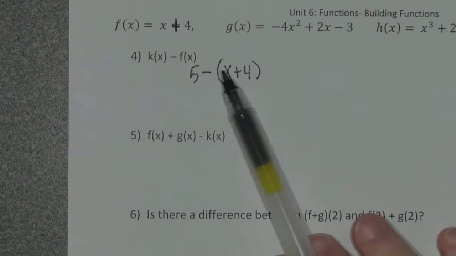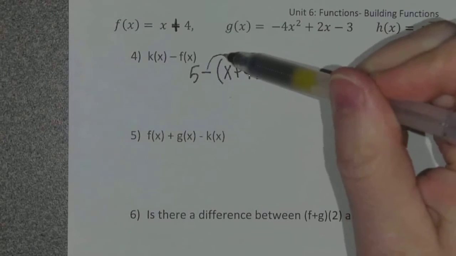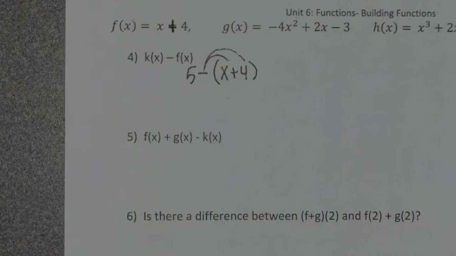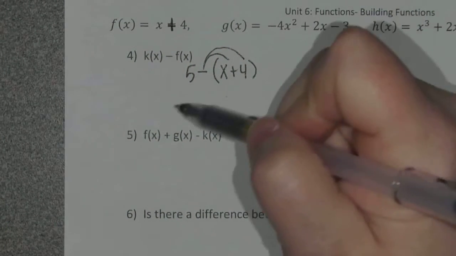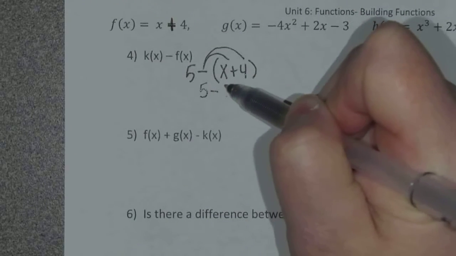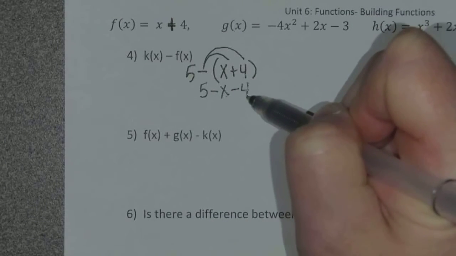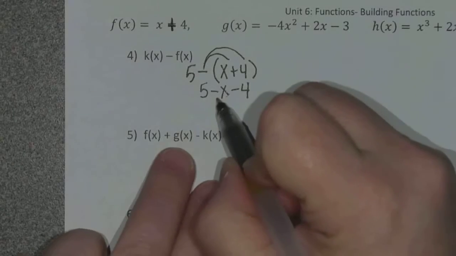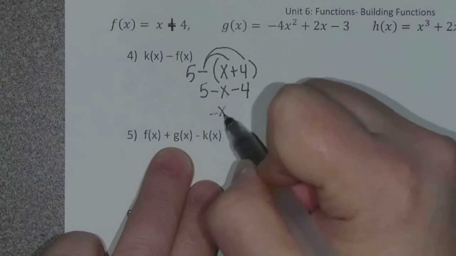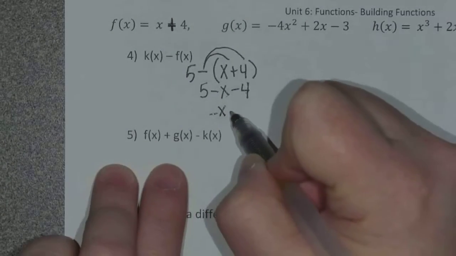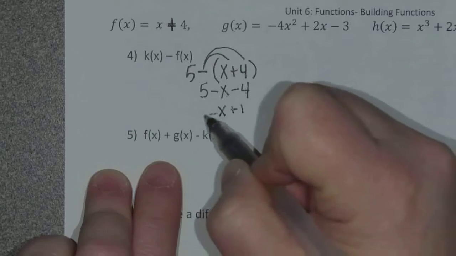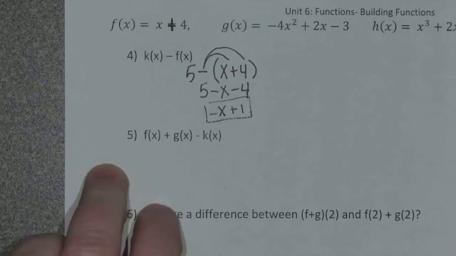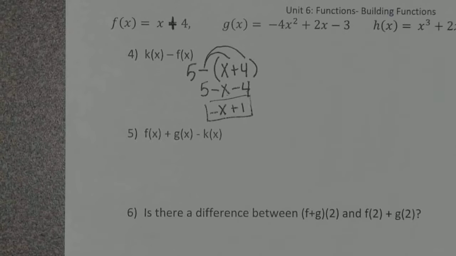Again, I like to put the parentheses because it helps me remember that I have to take that negative through to both parts. So when I rewrite that, that's really 5 minus x minus 4. You're done with this one. Didn't you go back to the last one before this? Yes. So negative x, and then 5 minus 4 would be 1 for my solution.